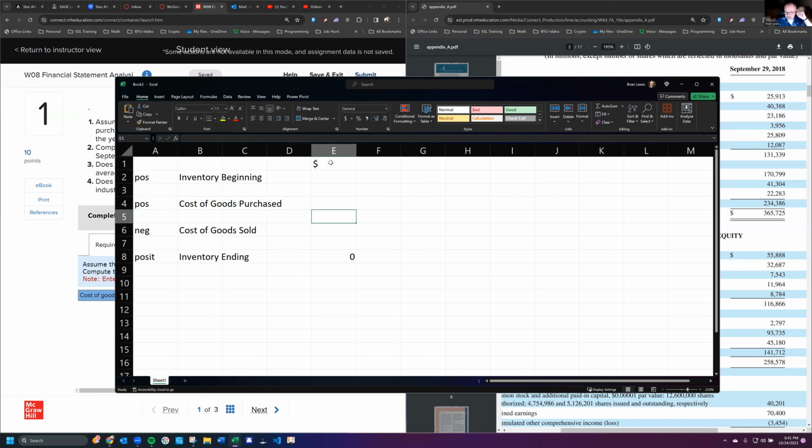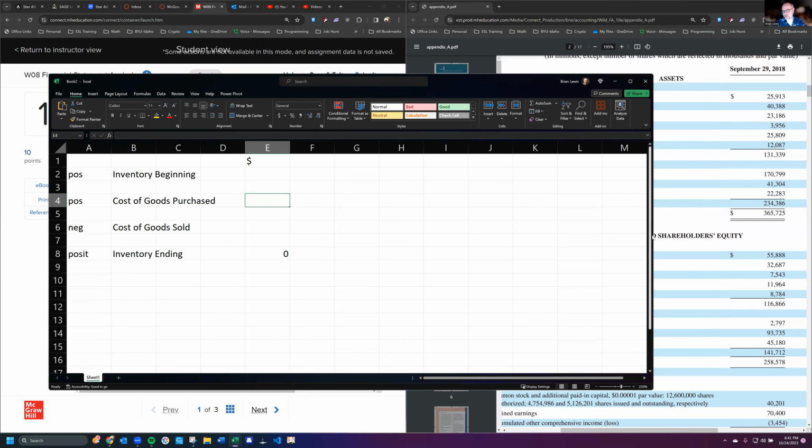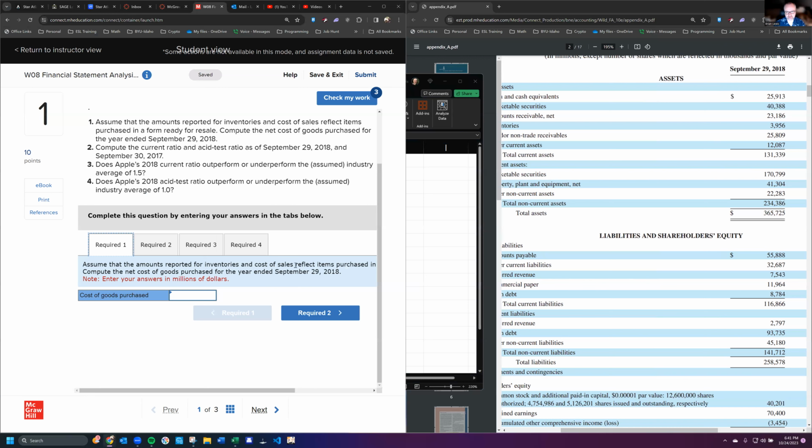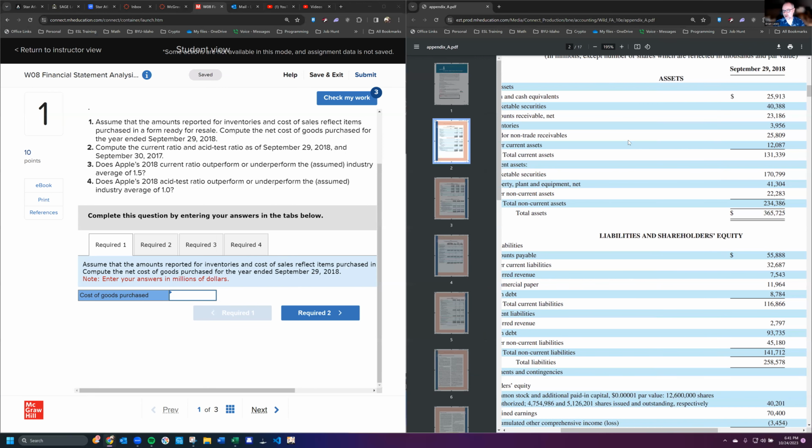We'll do another one so that we can get to the cost of goods purchased, because that's what they're asking for. We don't know what that is. They asked for this for 2018, so these 2018 numbers are what we're going to be using.